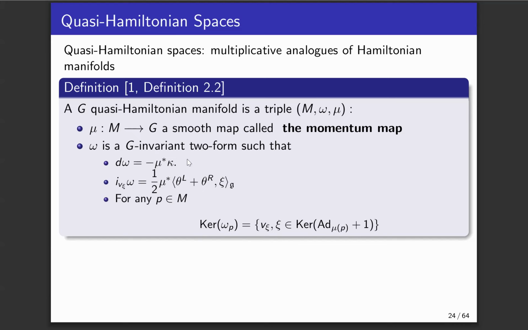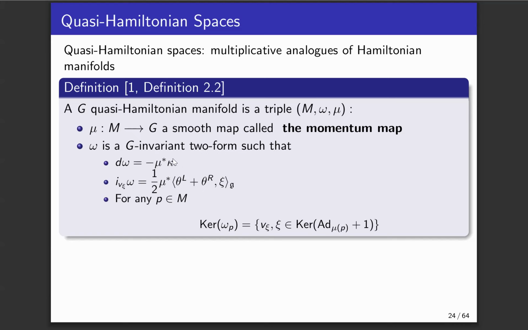And as you see, we have some differences between quasi-Hamiltonian spaces and Hamiltonian spaces. Why? Because in the case of Hamiltonian spaces, we already said that omega, the two-form, is closed. But in this case, omega is not necessarily closed.